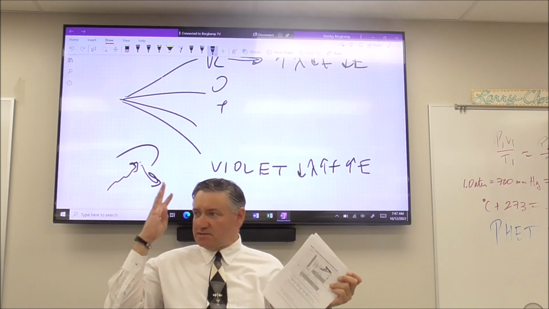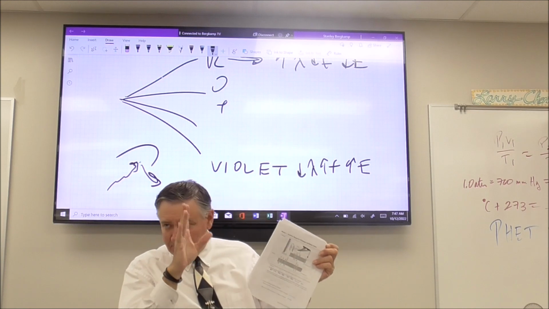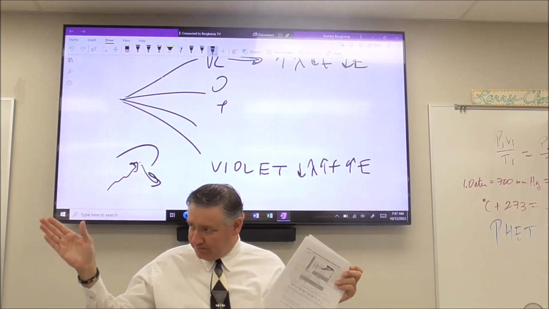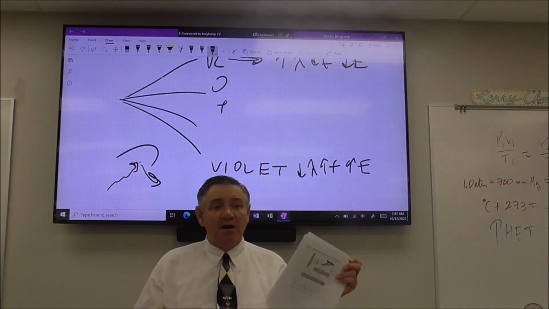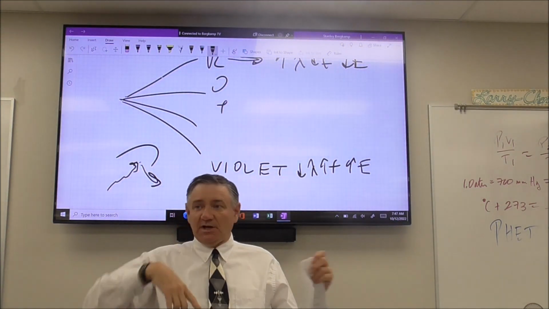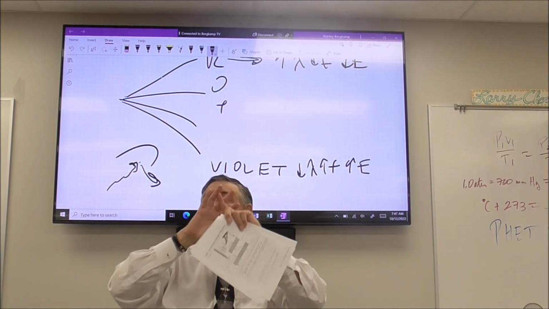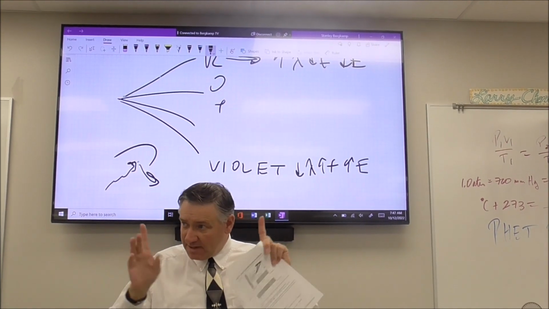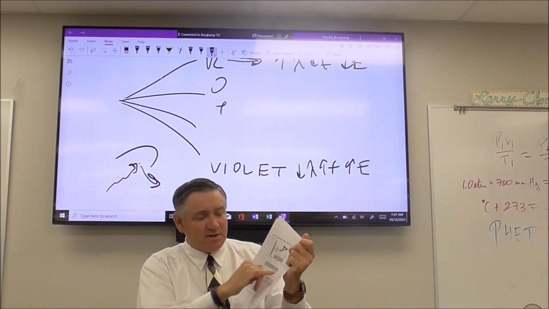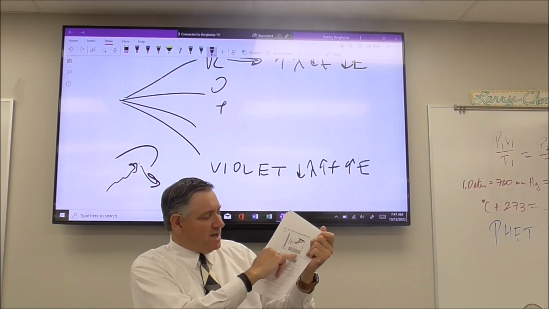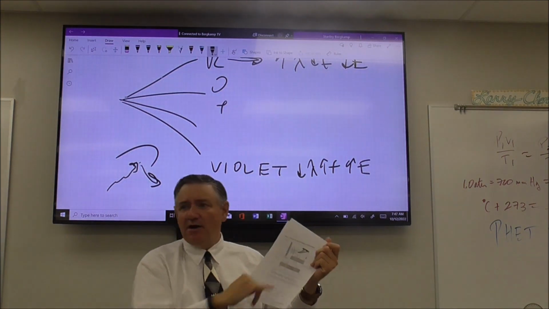So hydrogen is a 4-band spectrum. Okay, this is what we call an emission spectrum. If you take hydrogen gas and you run an electric current through it, it's going to produce a certain flow of light. And if you take that light and you separate it out, this is what you would see. You would see a band of red, bluish green, bluish violet, violet.